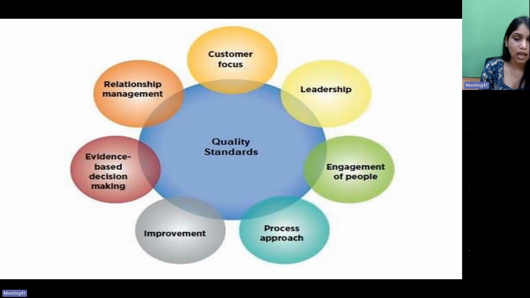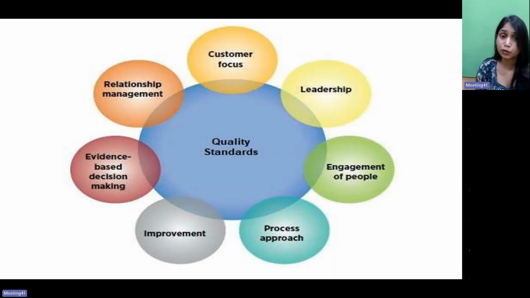Leadership should be there, and engagement of the people: how to engage with the people, how to talk with them. Process approach: whatever we are doing, the process should be good and approachable. Continuous improvement should be there. If there is any mistake, it should not repeat again, right?